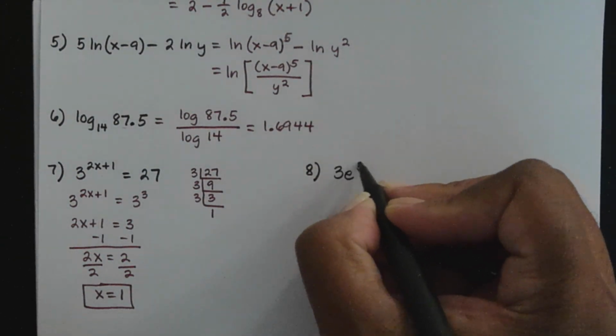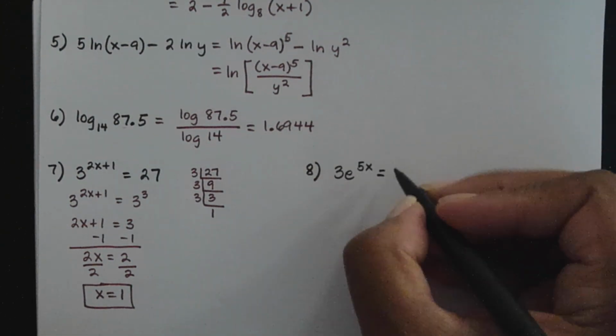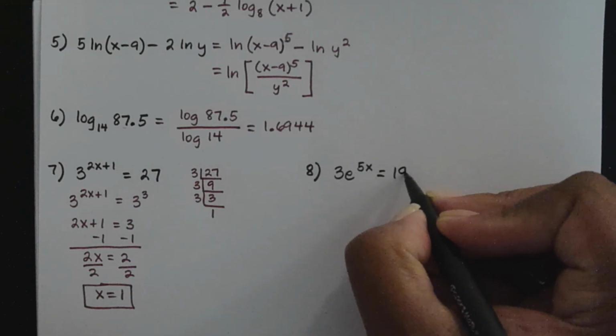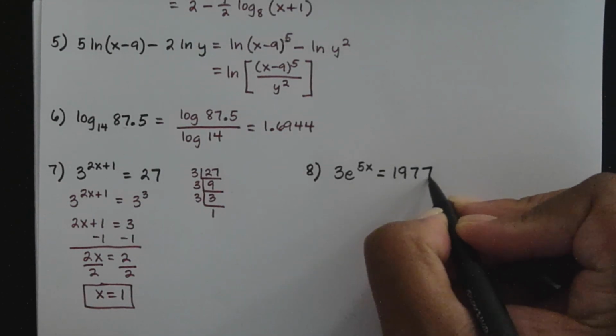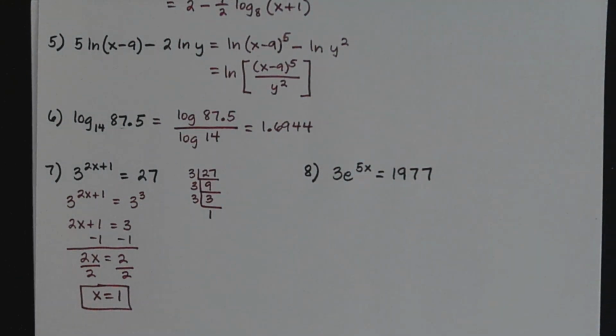3e to the 5x equals 1977. So in this case here, we're going to have to get that exponential expression e to the 5x by itself.